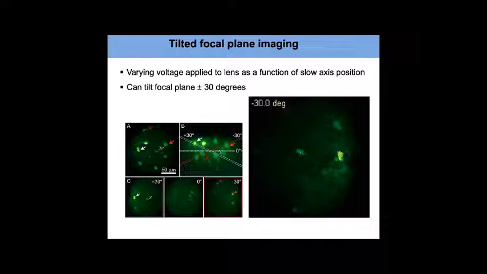And the other thing that's nice is that when you have this voltage tunable lens, you can actually change the plane that you're imaging. As you're scanning along the y-axis, you can change the voltage of the lens and then scan at a tilted plane. Again, that might be an advantage if you don't happen to insert or completely align your microscope onto the region that you want to look at.